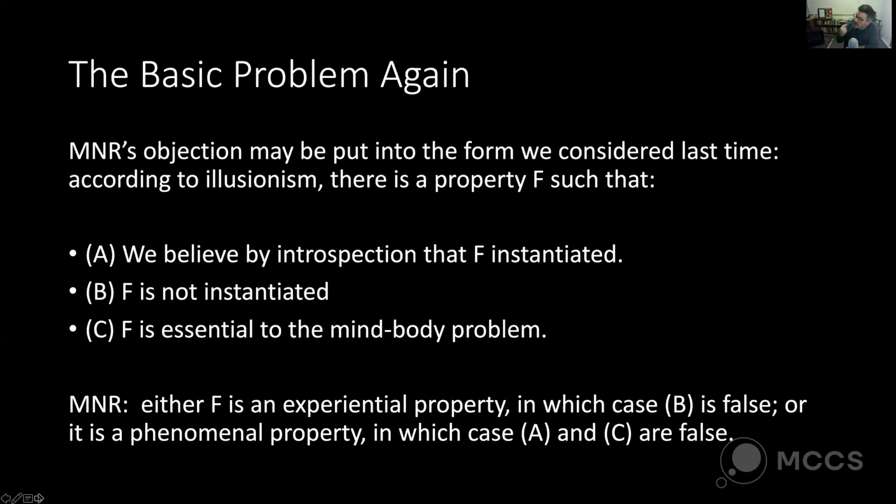But according to Nida-Rümelin, there's just no such property. There are certainly properties of these events, and there are properties in the vicinity that are kind of phenomenal, or at least wouldn't be crazy to say are phenomenal. But there aren't properties that are both. There aren't properties that are both properties of events and also phenomenal.